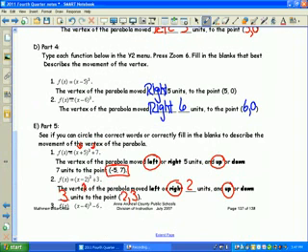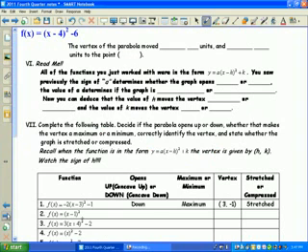Number 3 is actually continuing on the next page. So what I did was just rewrite it on the top, which is f of x equals the difference of x and 4 squared minus 6. So we're looking at the units. So we've got a negative 4, so I'm going to the right 4 units.